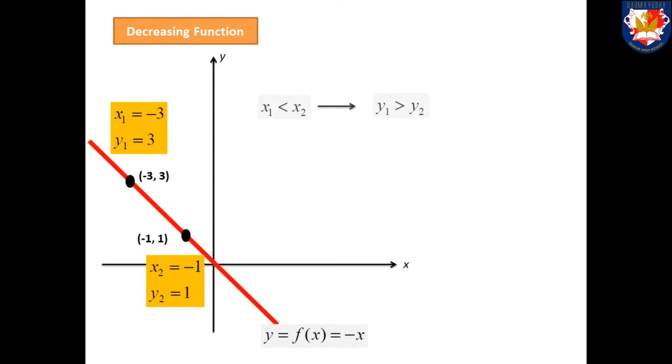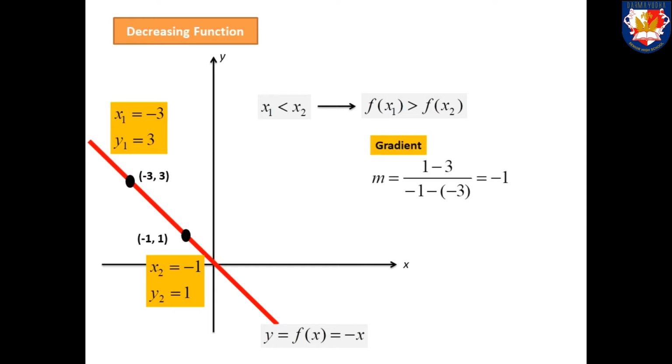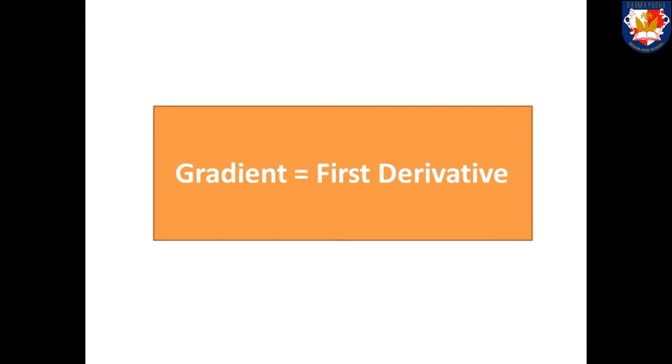Obviously, we have x1 is less than x2, which implies y1 is greater than y2. Because y equals f(x), we write f(x1) is larger than f(x2). Meanwhile, the gradient is minus 1, which is less than 0. Remember that the gradient of a function is actually the first derivative of that function.